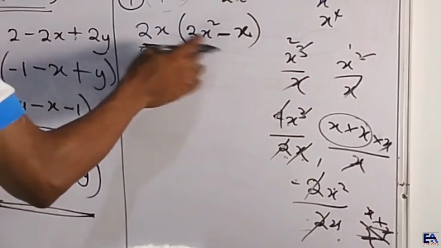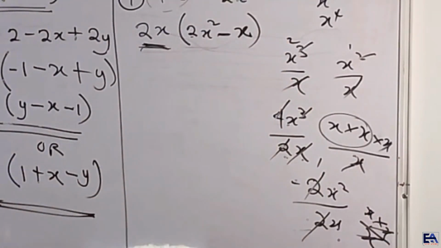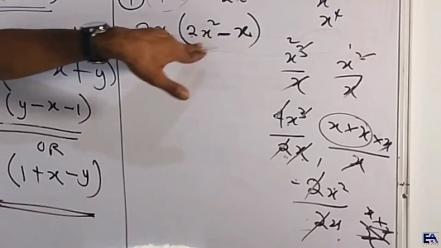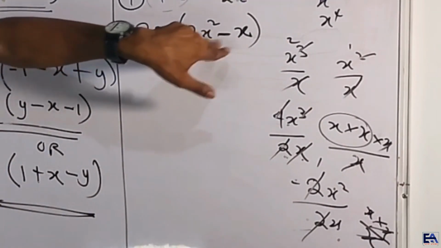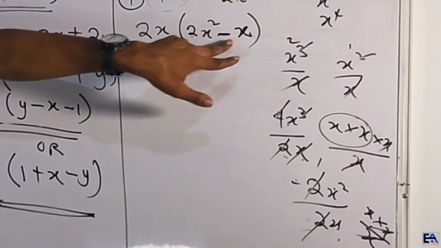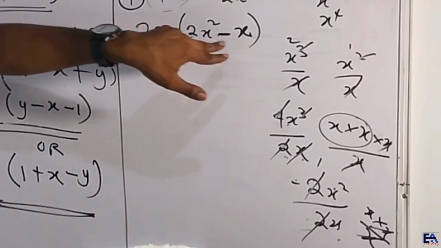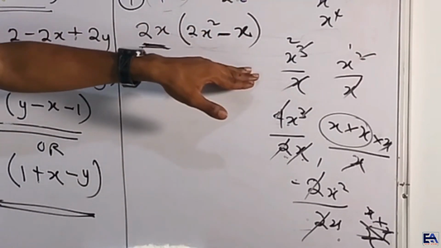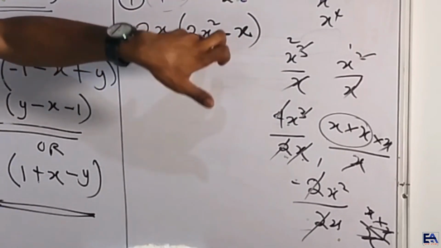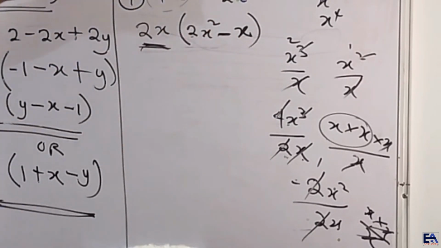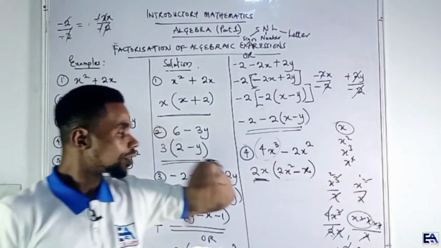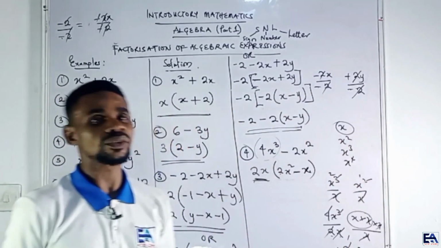So you cannot call this a complete factorized form because you are still having a common factor here, which is x. So this is not mathematically acceptable as your final answer. Because something is still common to the terms inside the bracket, you will still need to further factorize.